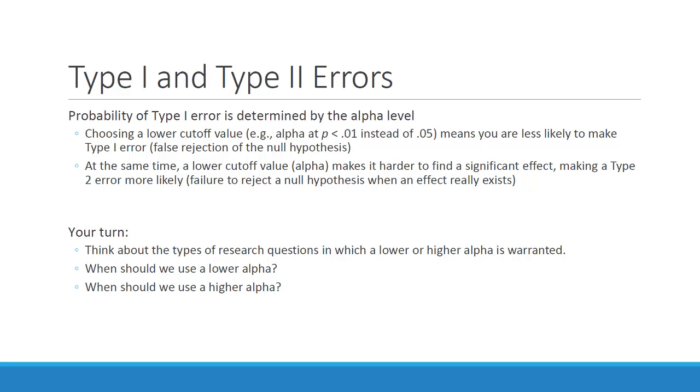In other words, are there different situations in research in which you would want to be more certain about your decision to reject the null hypothesis? You might be more concerned about committing a type 1 error. Are there alternatively situations in which you may want to use a higher alpha? In other words, you are less concerned about a false rejection of the null, and you're more concerned about finding an effect when it really does exist.